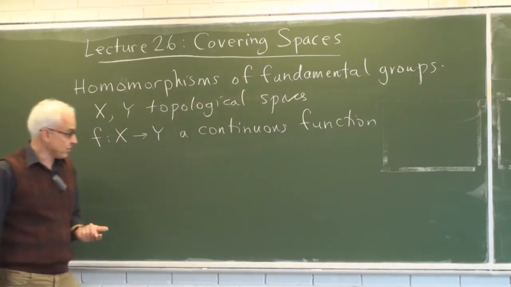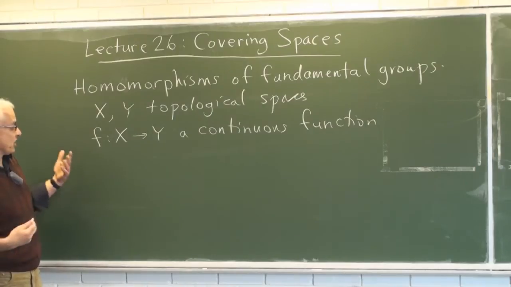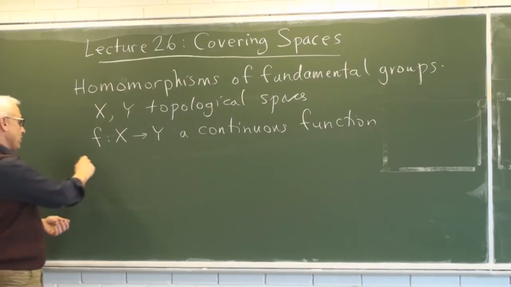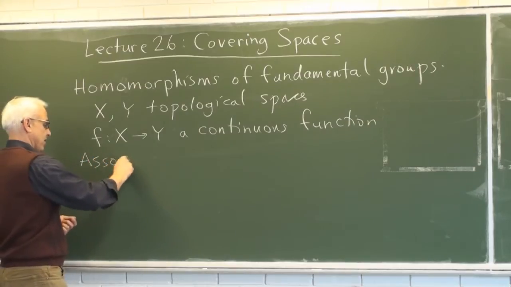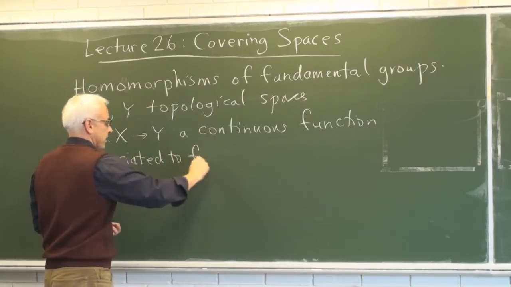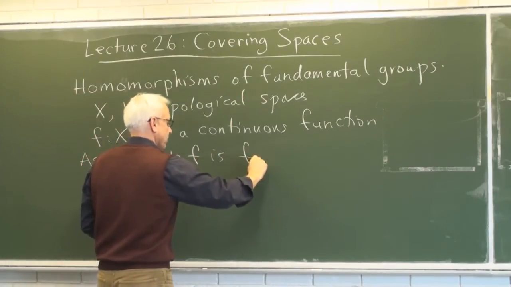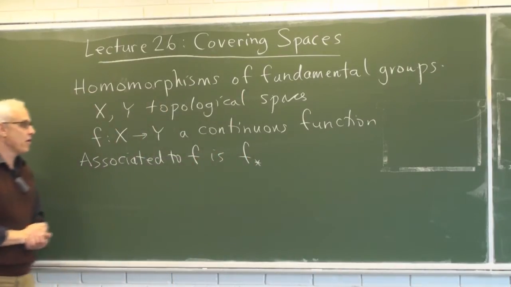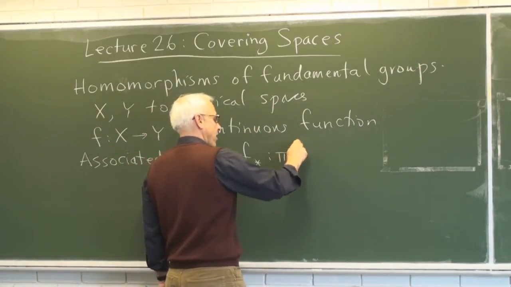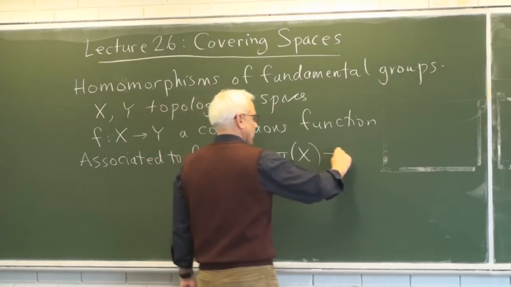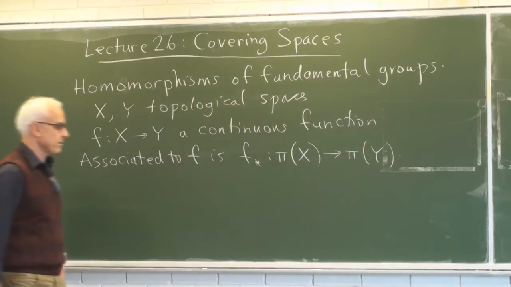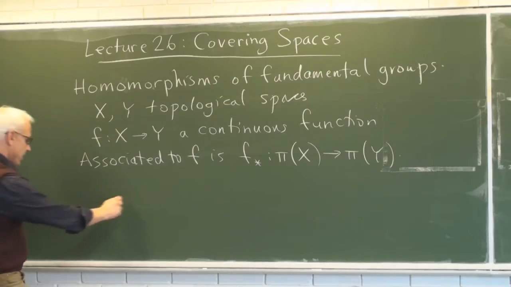Then associated to such a continuous function is an algebraic analog: a map, usually denoted f star, from the fundamental group of X to the fundamental group of Y. So let me describe this.